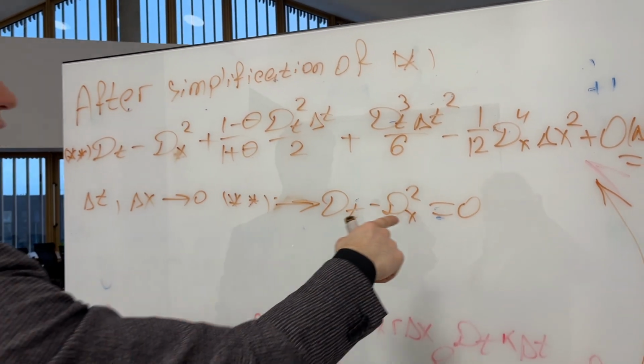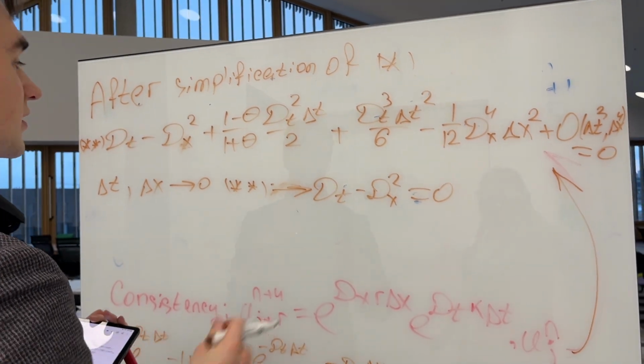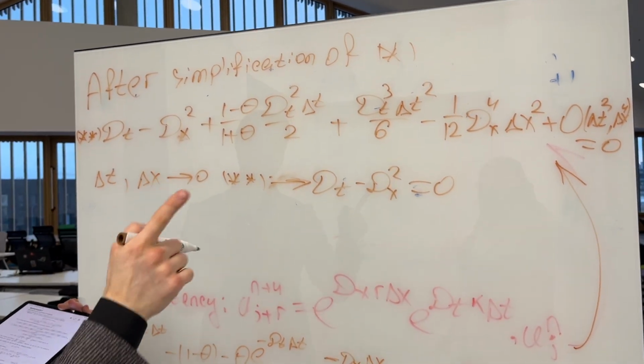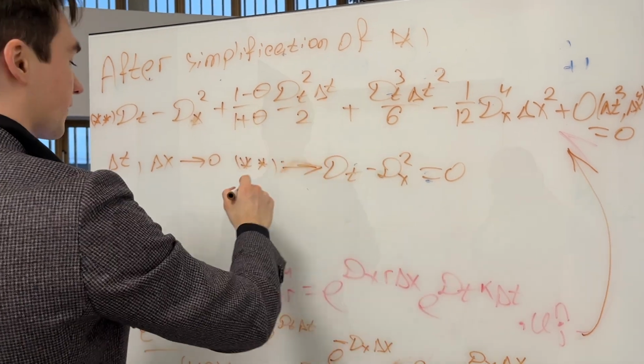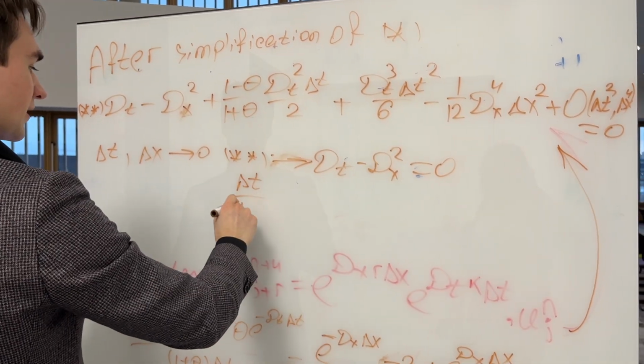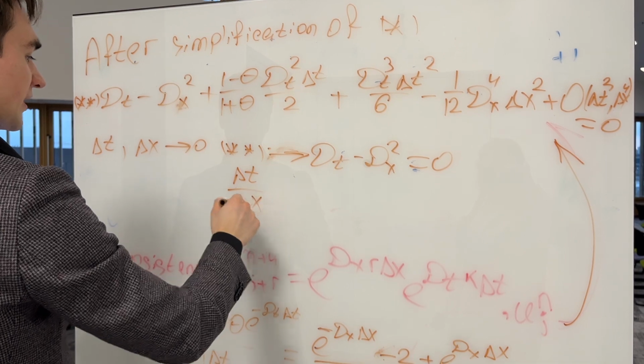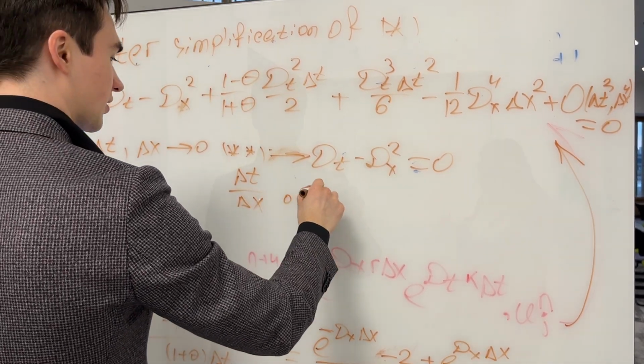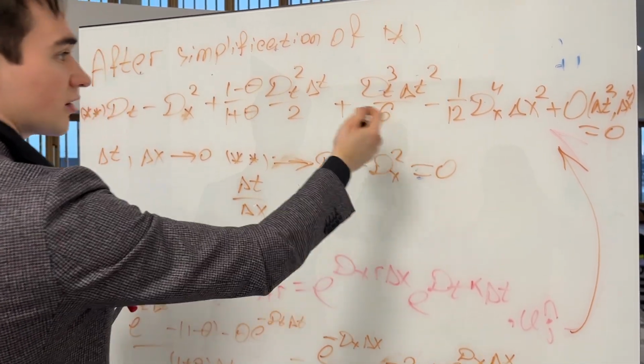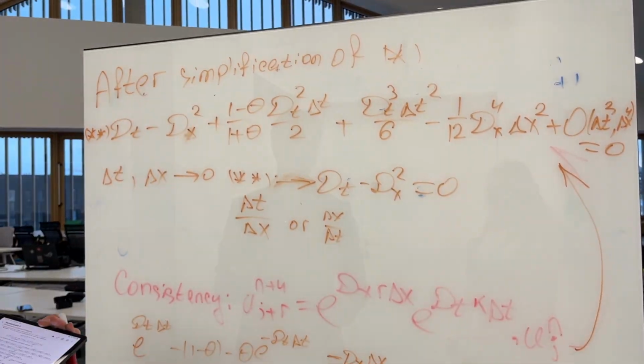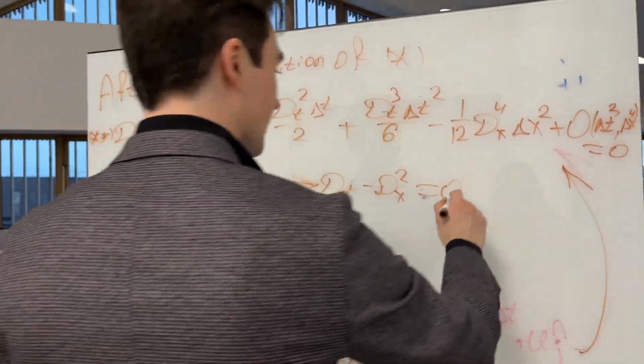So that means that our scheme is consistent. The second check for consistency is that we don't have any fraction like delta t over delta x or delta x over delta t, and we can see that there's no such term. So that's why our scheme is consistent.